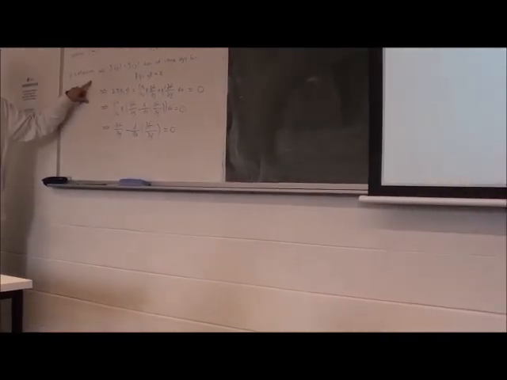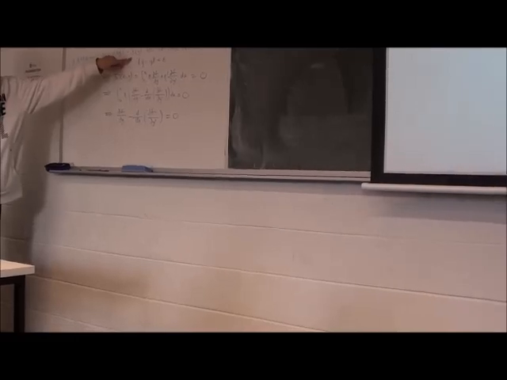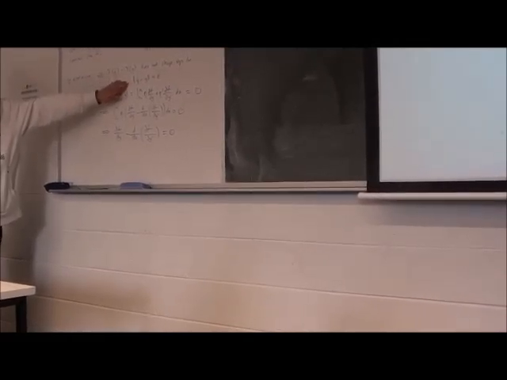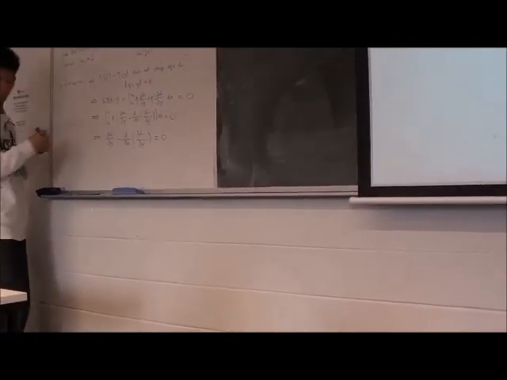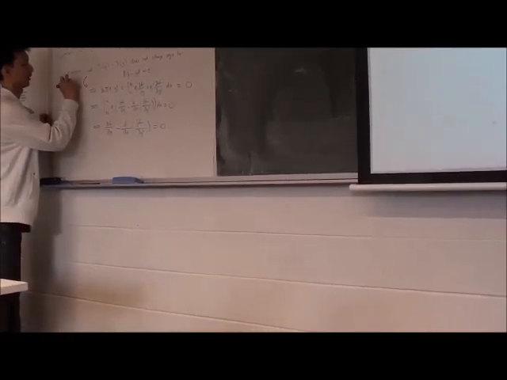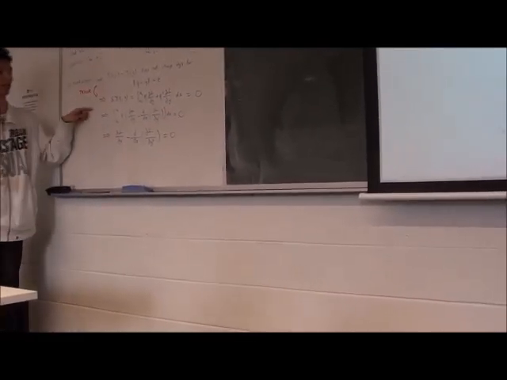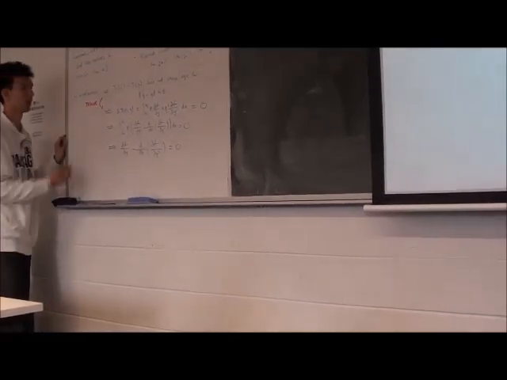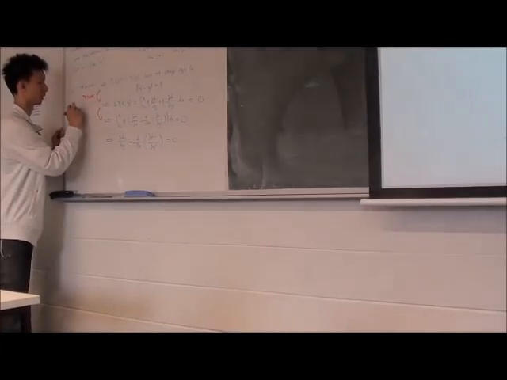if y is an extremum, J of y hat minus J of y does not change sign for y hat no further than epsilon away from y. Here, sorry, wrong color. Here we used Taylor series to get that the first variation is equal to 0. And then this here is integration by parts.